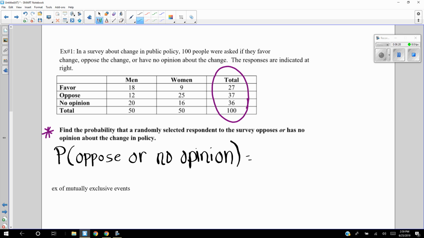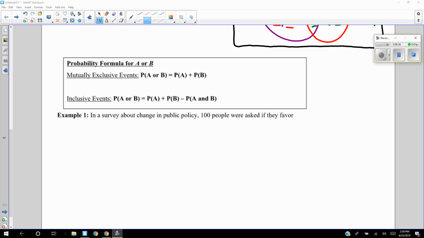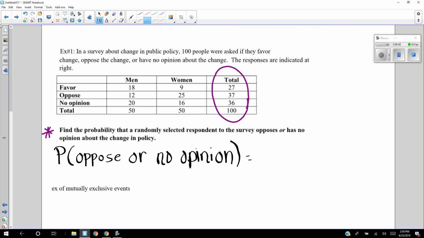So even though the problem technically didn't ask us to determine if it was mutually exclusive or not, that tells us which formula we're going to use here. Since it's mutually exclusive, we're going to use this formula right here, where we simply add the probabilities together. It's pretty straightforward when there's no overlap.